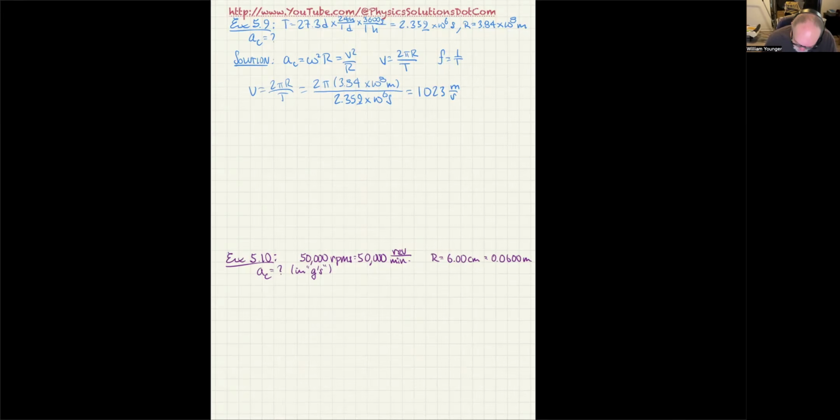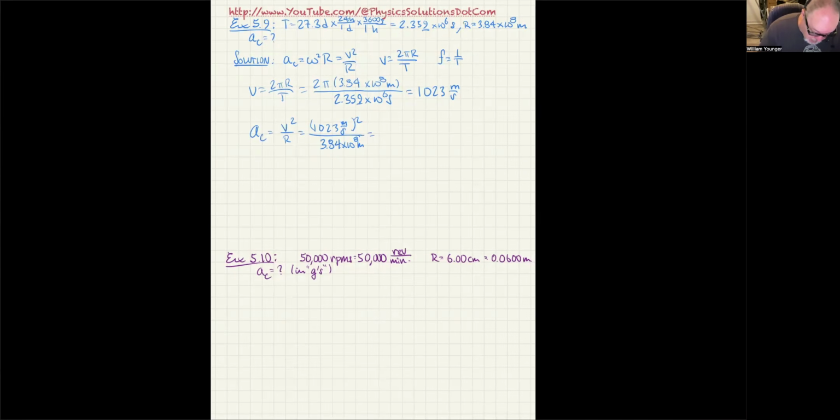So now that we have the velocity, we can go ahead and calculate the centripetal acceleration. The centripetal acceleration is v squared over r. So I'm going to take that 1,023 meters per second, square it, and then divide it by r, which is 3.84 times 10 to the 8th meters.